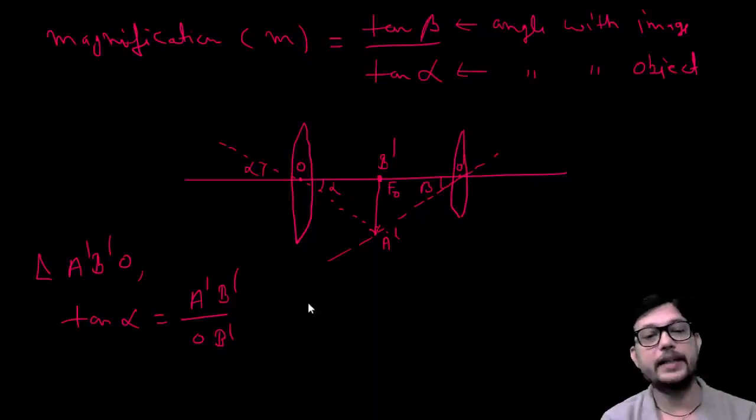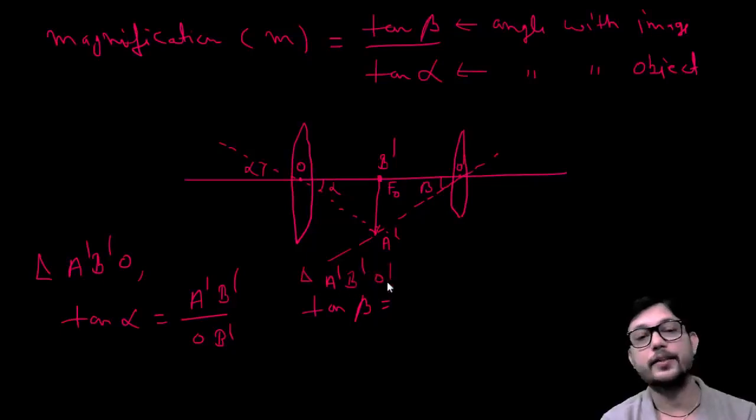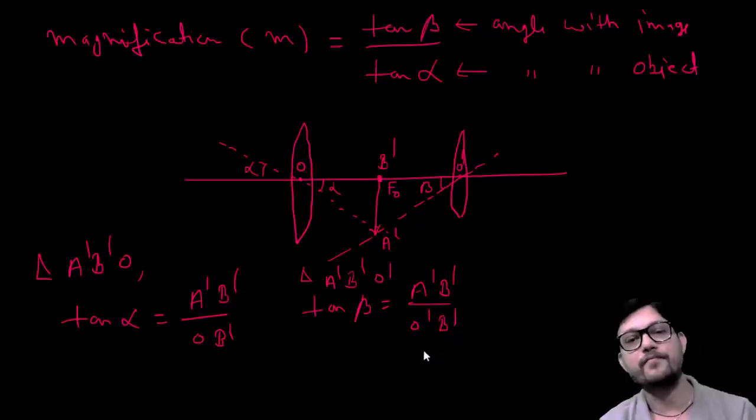And if we calculate tan beta from the triangle A dash B dash O dash, again this will be perpendicular A dash B dash upon base, that is O dash B dash.